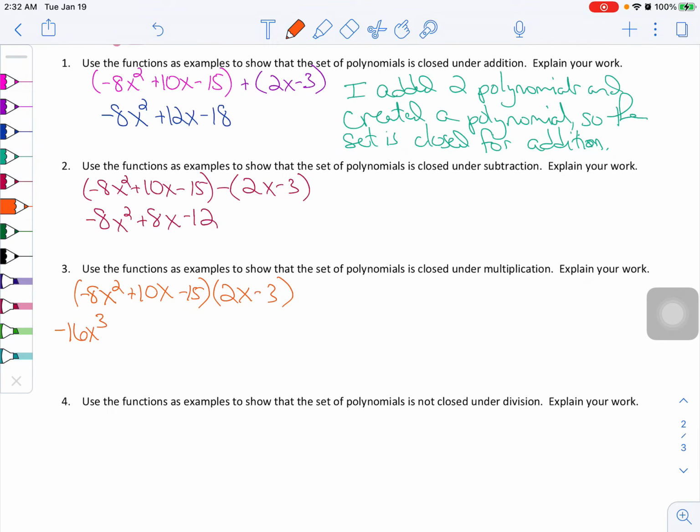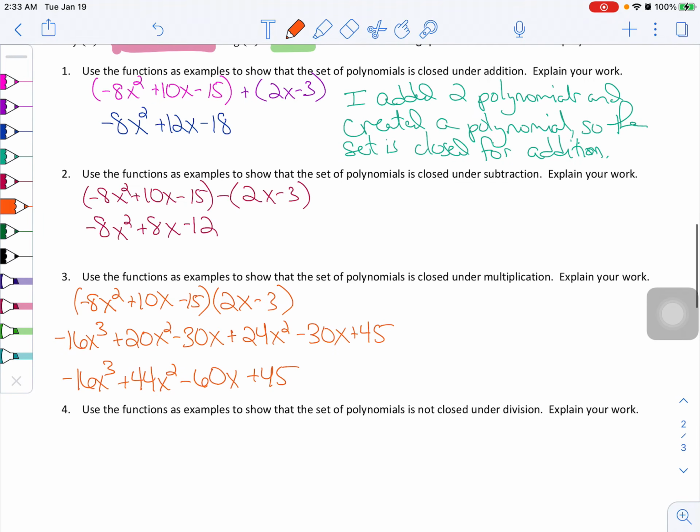So negative 16x cubed plus 20x squared minus 30x, plus 24x squared minus 30x plus 45. All right, combine some like terms: plus 44x squared minus 60x and then plus 45. Okay, so same exact explanation. I multiplied two polynomials and created a polynomial, so the set is closed for multiplication.